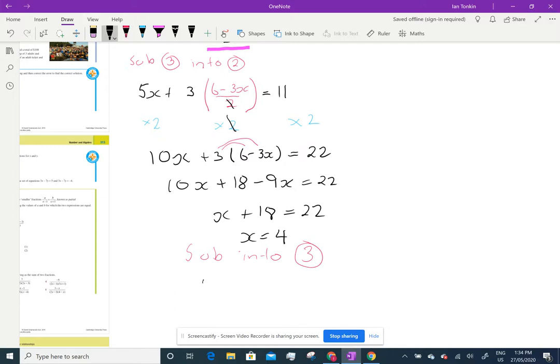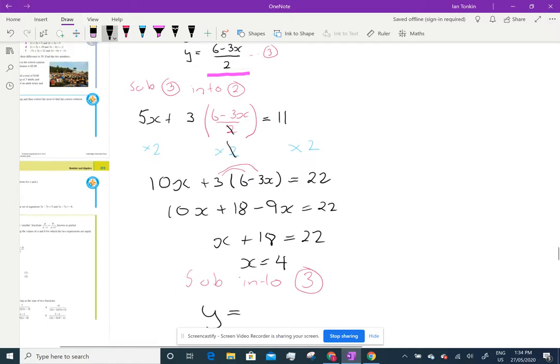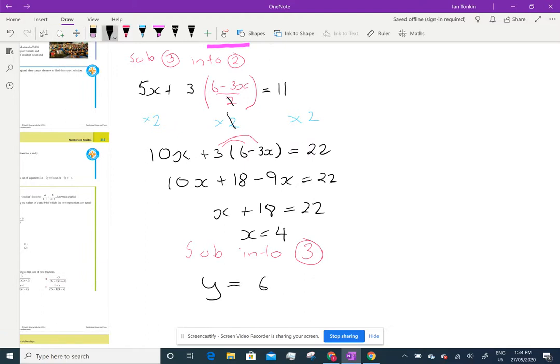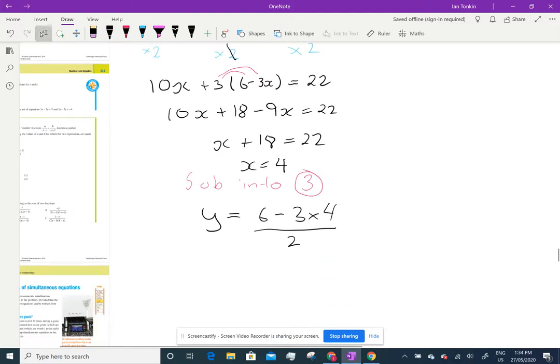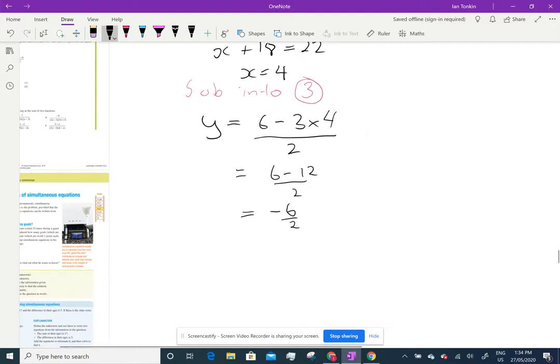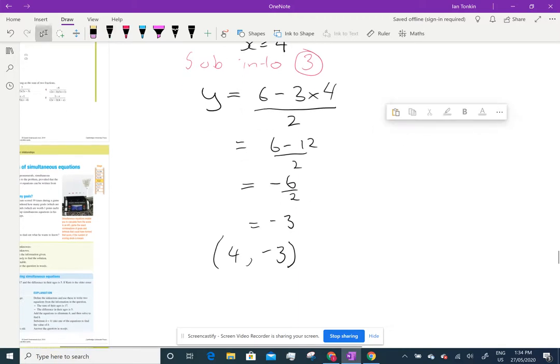And that's y equals 6 minus 3 times 4 over 2, which is 6 minus 12 over 2, which is negative 6 over 2, which is negative 3. So I'm hoping my solution is 4 and negative 3, but I need to check it.